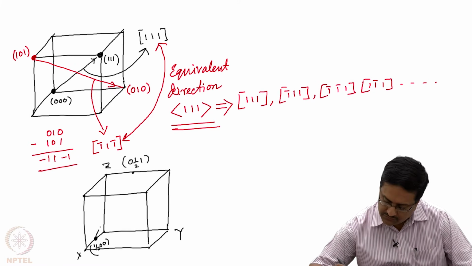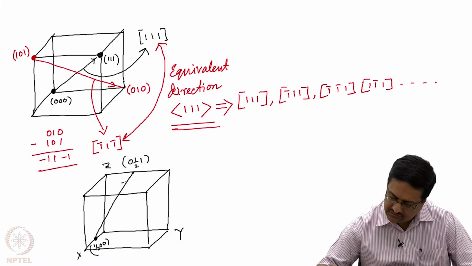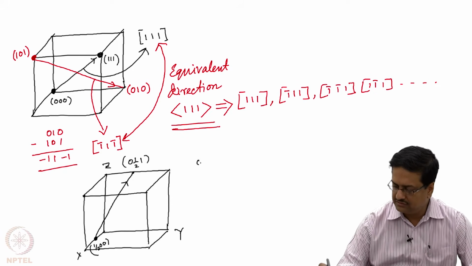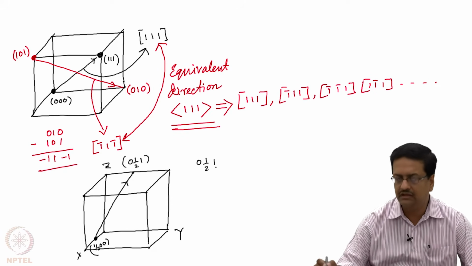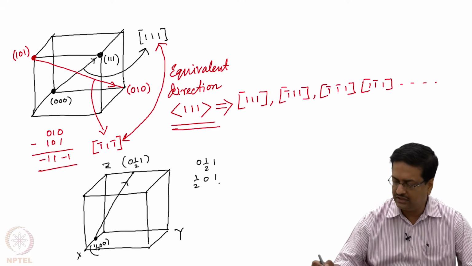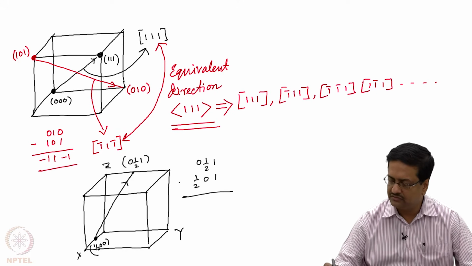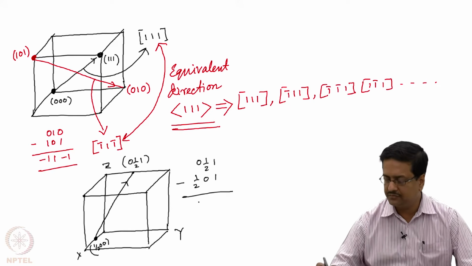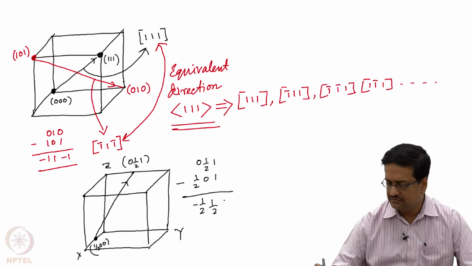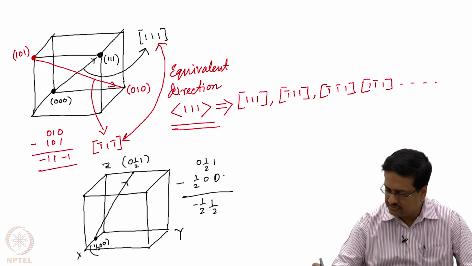So we are trying to find out the Miller indices of that particular direction. So we should do this. 0, half, 1 is the tip, and half, 0, 1 is the base. So we should subtract the base from the tip.